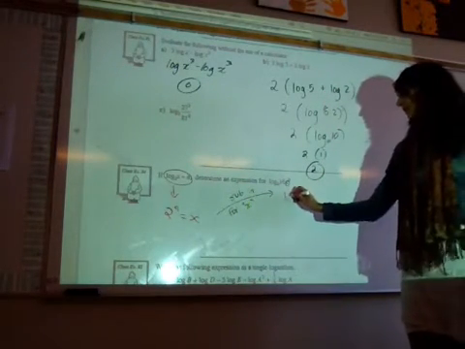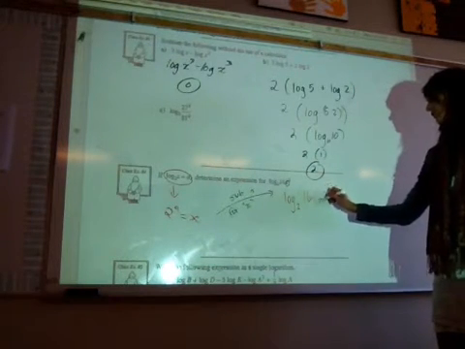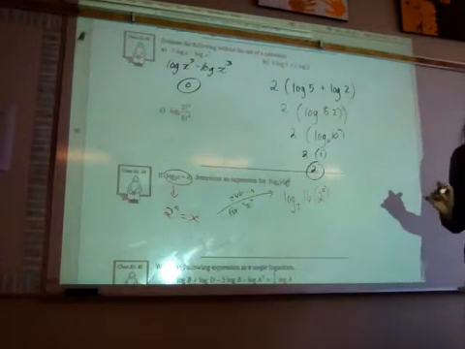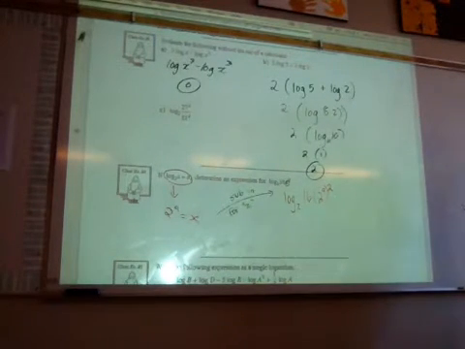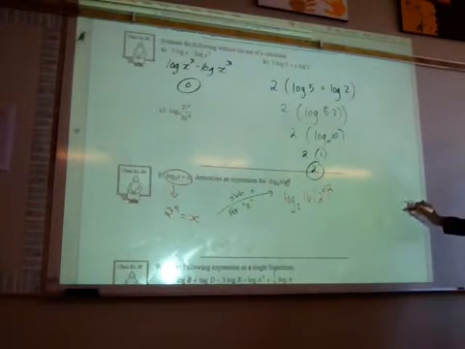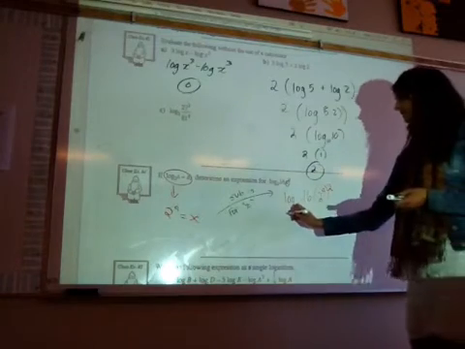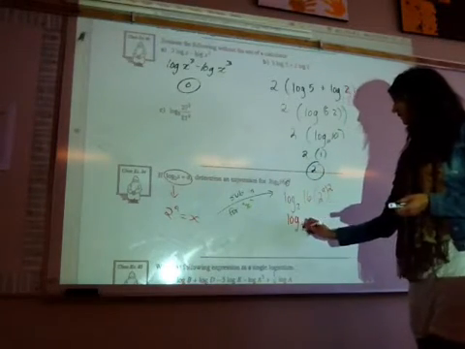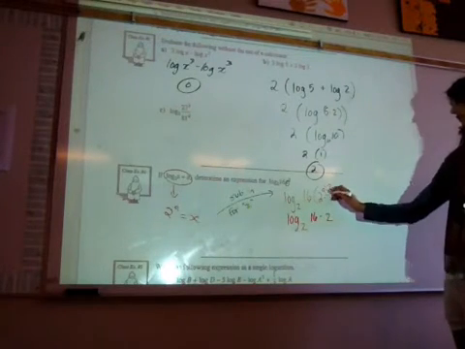So we get log base 2, 16 times 2 to the power of a, that's going to replace our x, to the power of 2. And typically when they say determine an expression, they mean find the simplest form. So let's just clean things up a little bit. Log base 2, 16 times 2 to the power of 2a.